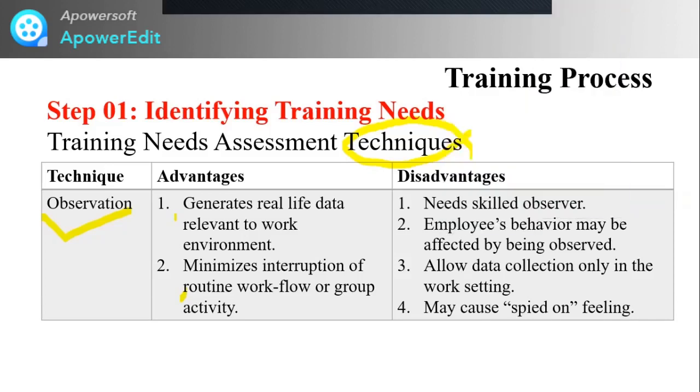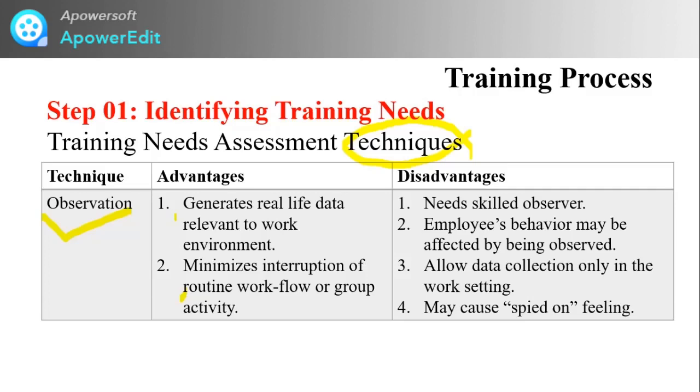Then the disadvantages of observation. When we are observing employee behavior, we have to identify the real performance gap. How do we identify it? Through our observation. Therefore, observation should be done in a very proper, very accurate way. To do that, the observer needs skill.